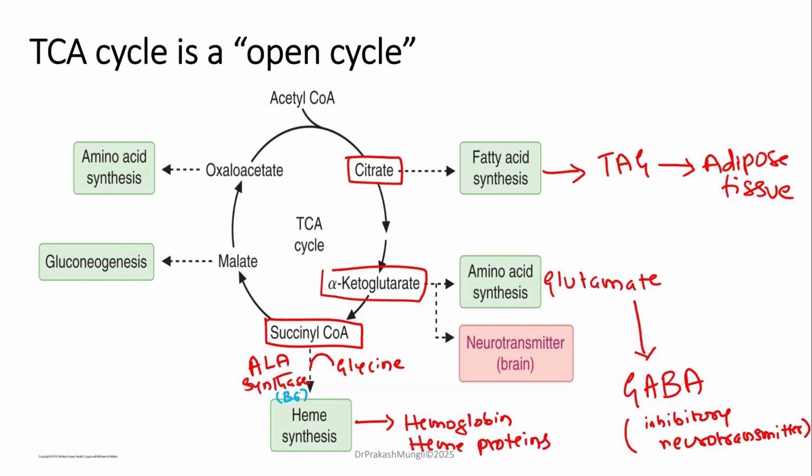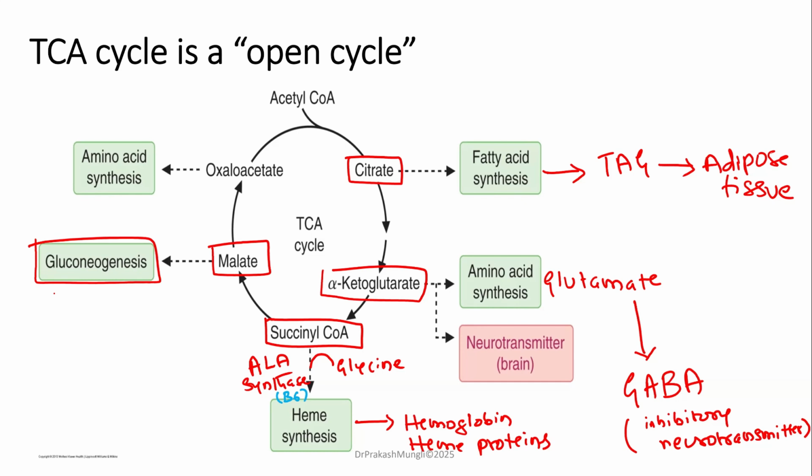Okay. The next one is malate. Malate will get out of the TCA cycle into the gluconeogenesis process, that is glucose formation. So the TCA cycle and gluconeogenesis are connected through malate. Malate is part of the TCA cycle. That's how gluconeogenesis is connected.